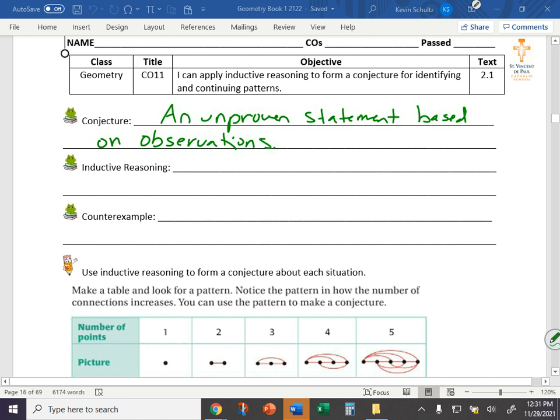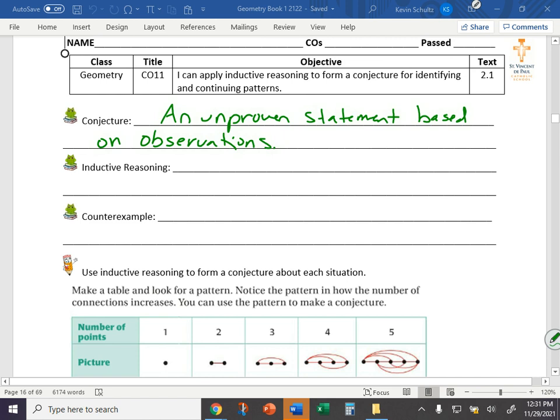Inductive reasoning. Anyone know what this is? There's inductive and there's deductive. Sometimes it's from big or general to specific and specific to general. Kind of. Which one is inductive? Inductive is specific to general.